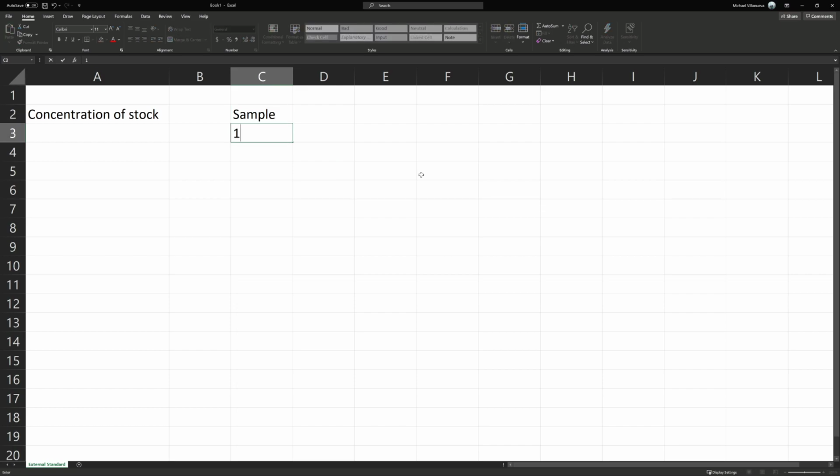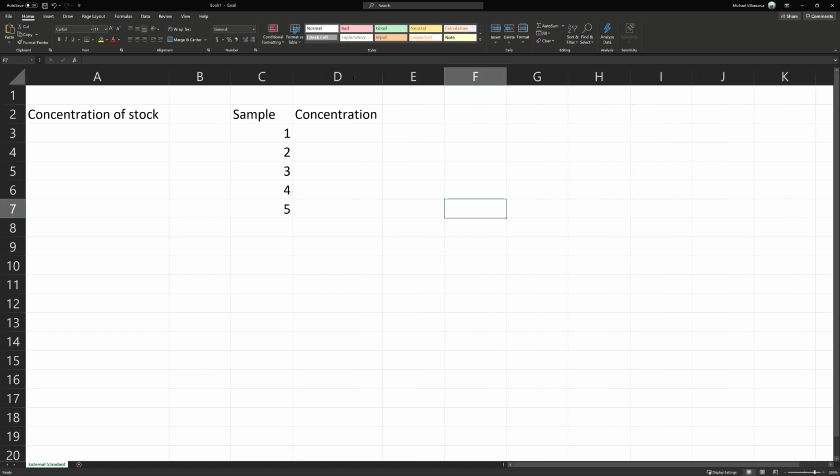Let's call them sample 1, 2, 3, 4, 5. And let's say that we have a concentration on those samples. And finally, we're going to get a response.